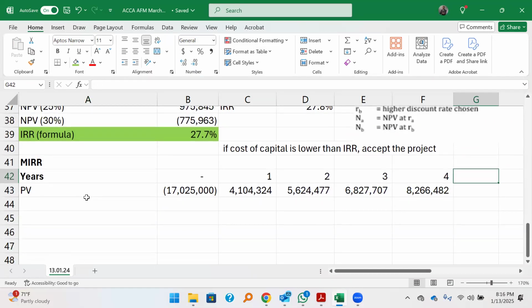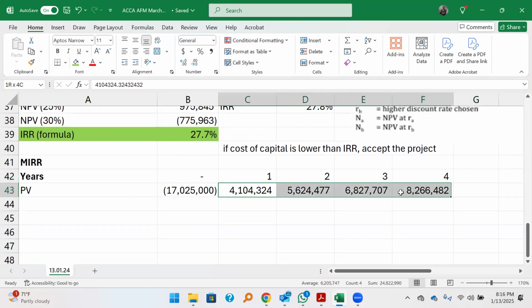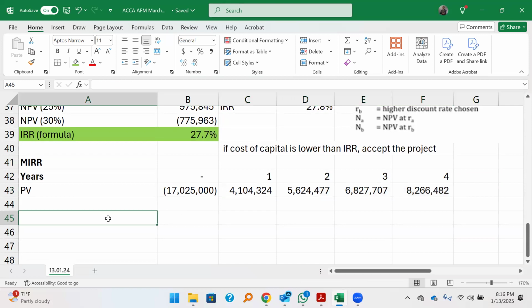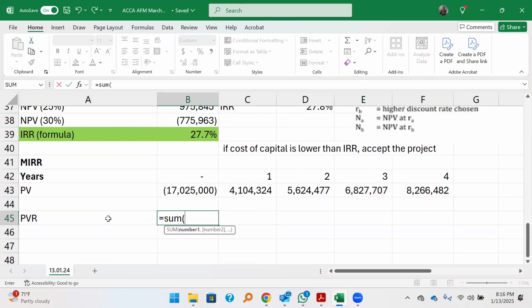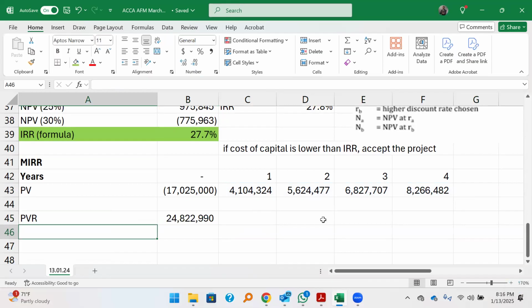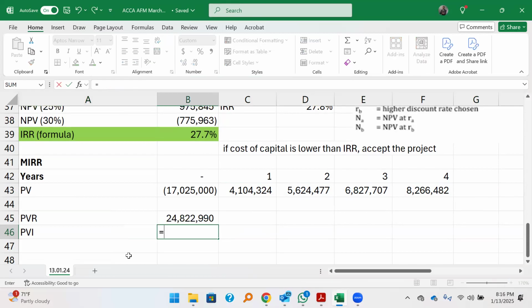Now the return phase is the one which starts from year 1 to year 4, and this is the investment phase. So present value of the return phase is basically the sum of these ones, the one starting from year 1 to year 4. The present value of the investment phase is basically this 17.025.